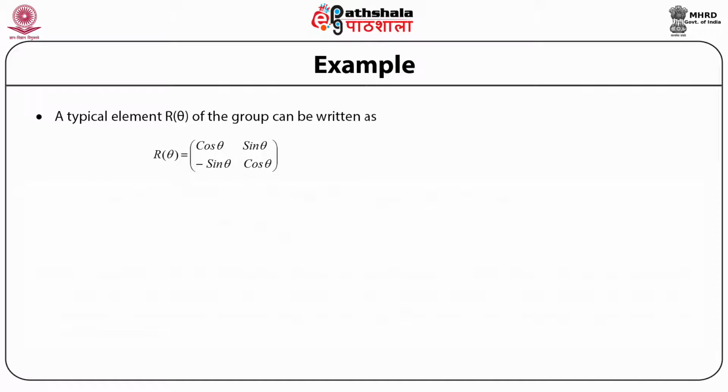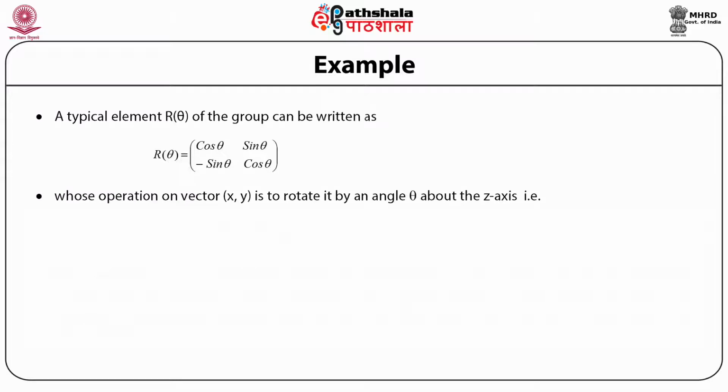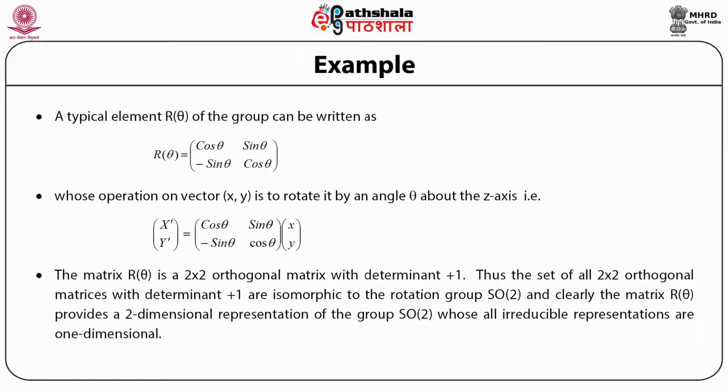What does it do? It operates on a vector (x, y) in two-dimensional space, and it rotates this vector by an angle theta about the z-axis. That is, the vector (x', y') is given by the matrix cosine theta, sine theta, minus sine theta, cosine theta operating on the vector (x, y). The matrix R(theta) is a 2 by 2 orthogonal matrix with determinant plus 1.